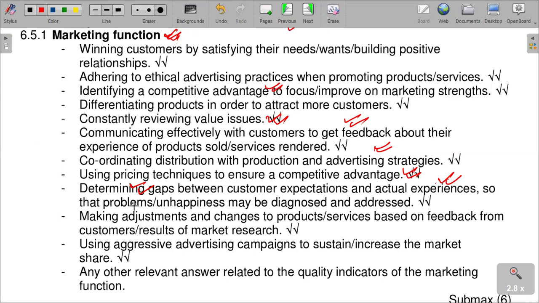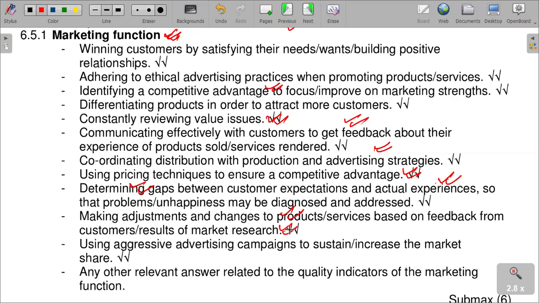evaluation. And therefore those problems and unhappy customers may be addressed, may be solved. Making adjustments or changes to products and services based on feedback from customers, results or marketing research. These points are quite important in terms of quality under marketing function.